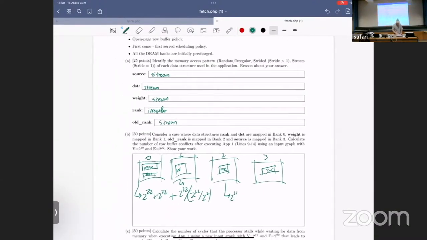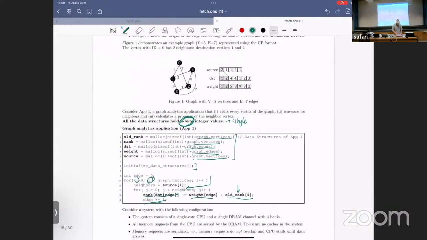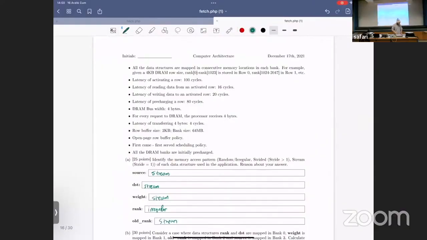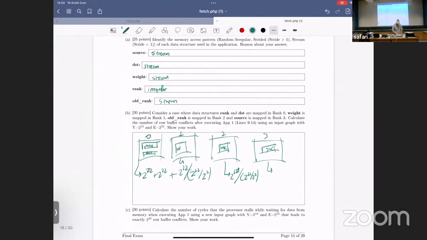So it's 2 to the power of 19, again divided by 2 to the power of 11, divided by 2 to the power of 2, because we have 4 byte values. And for the source, we access it 2 to the power of 19, divided by 2 to the power of 11, divided by 2 to the power of 2.